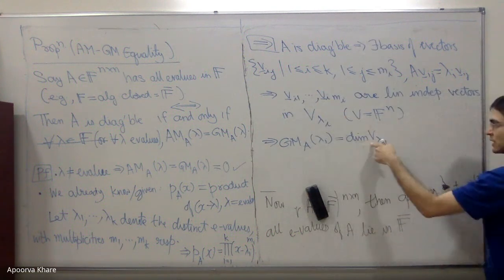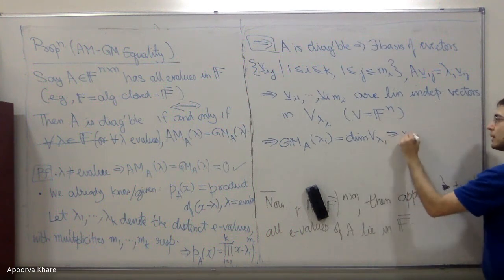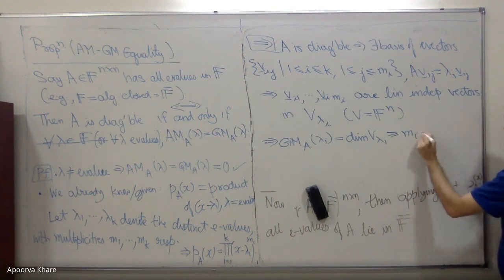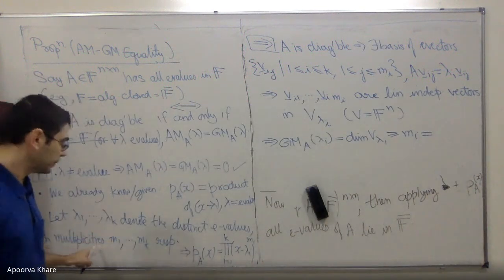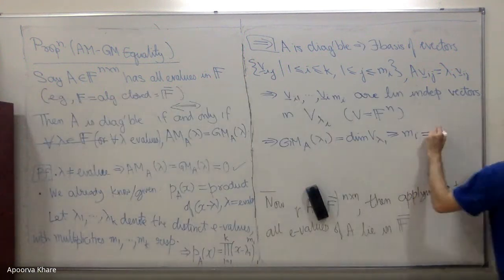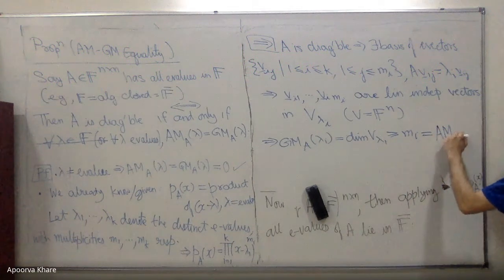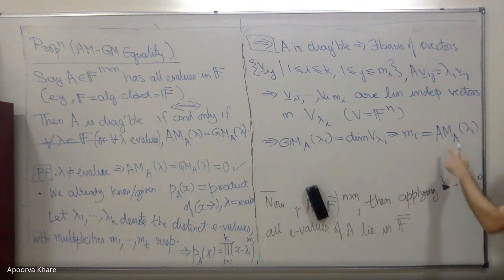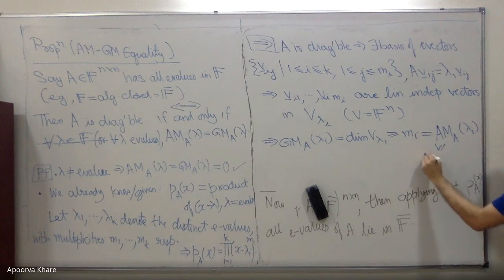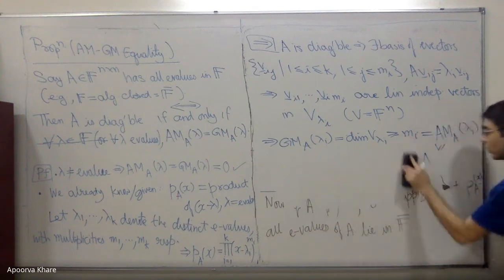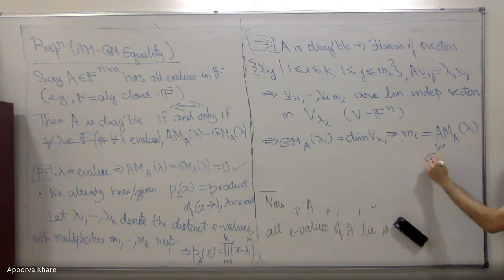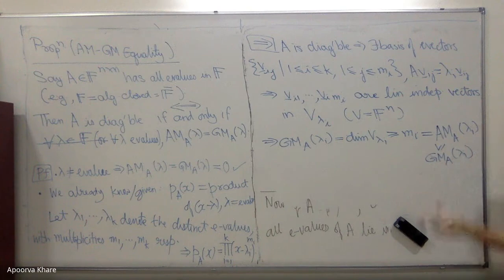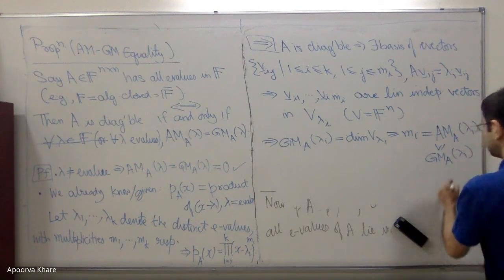So the size of a basis is bigger than the size of the linearly independent set. But the linearly independent set has size m_i, equal to the algebraic multiplicity of lambda_i. And now we use the AM-GM inequality. So basically you got the reverse inequality, and now you use the usual one to prove that they're equal. And this is true for all i. So we are done.